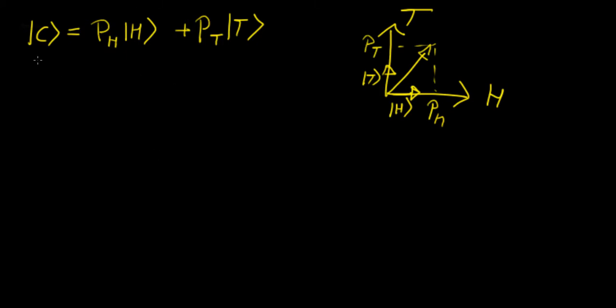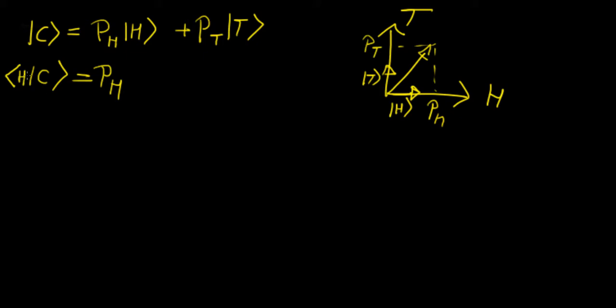And we said that we can extract individual probabilities by doing something called the inner product, or simply the multiplication of a bra by a ket, which allows us to extract the probability of landing on heads or tails, depending on which one we multiply the coin's eigenfunction by.